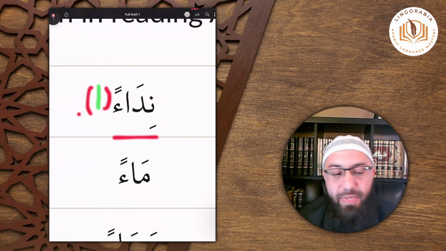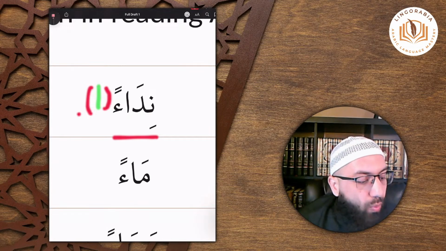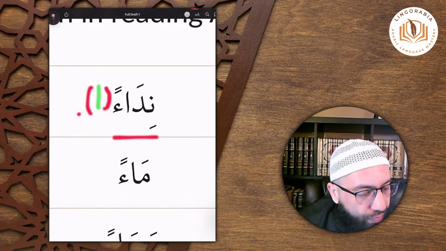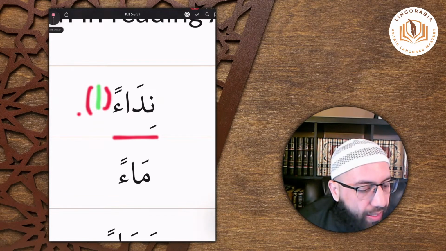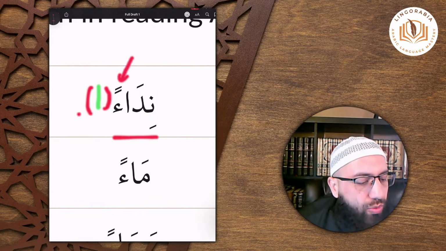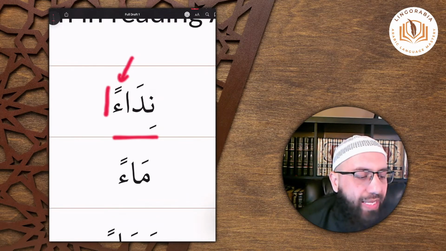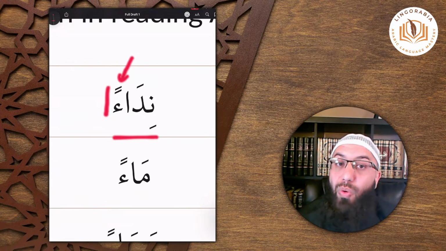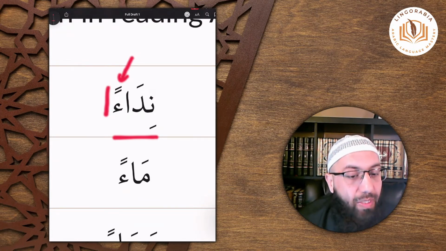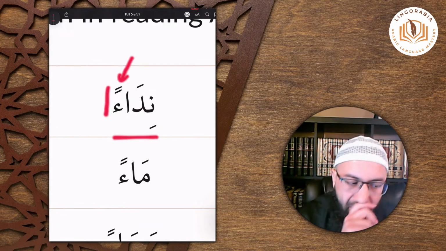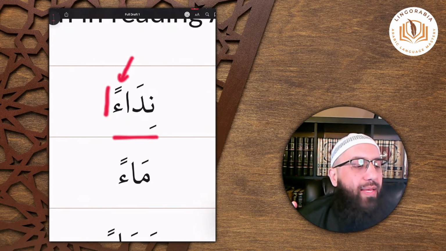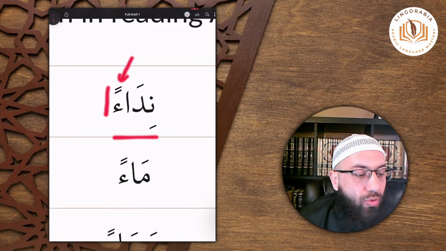Whenever you have the hamza with two fathas, although we don't write the alif, we pronounce it when we stop. So you say nida'a. You read the alif.